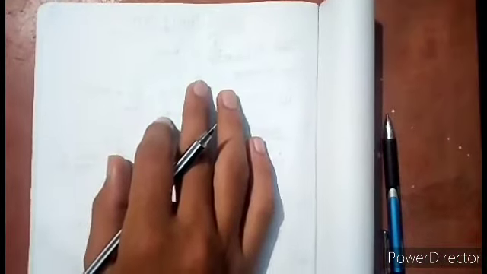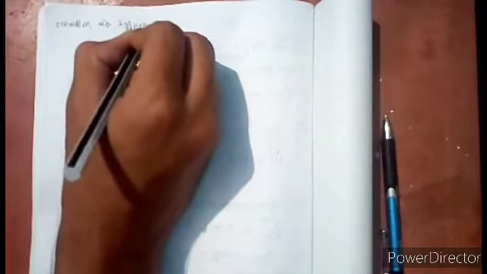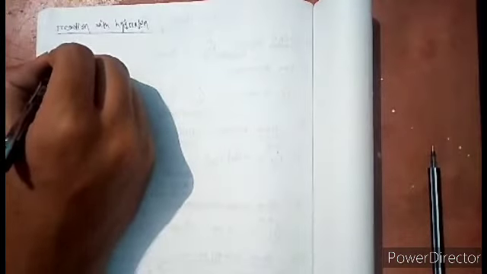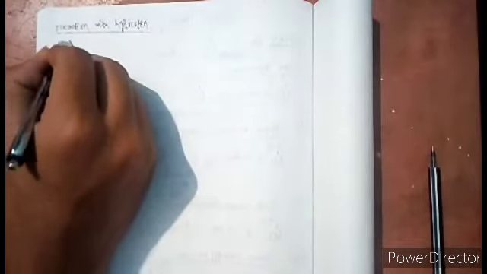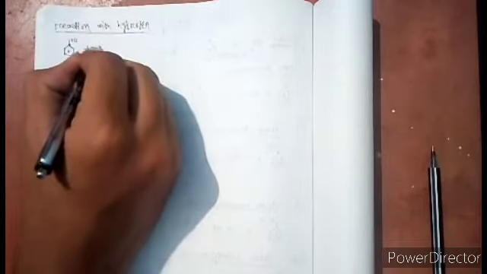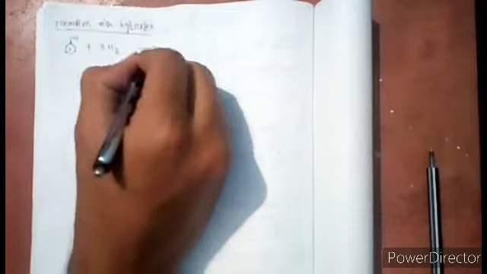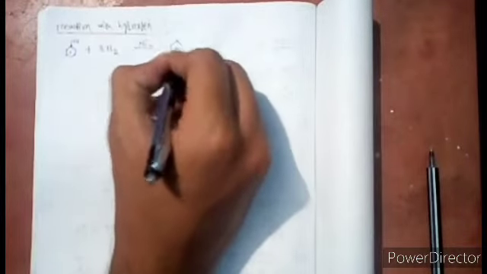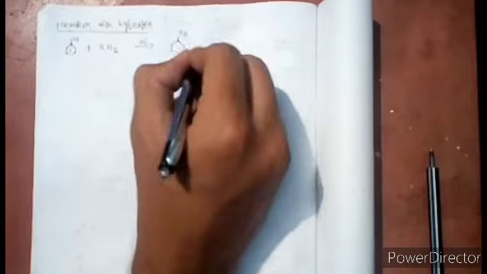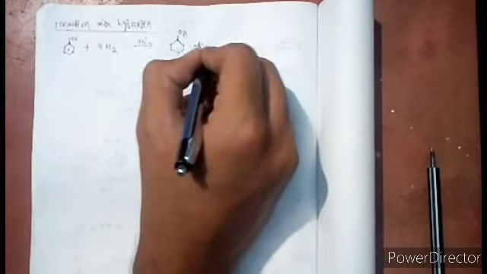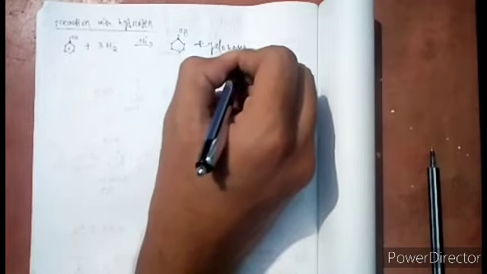Then the reaction with hydrogen. When phenol reacts with hydrogen in the presence of nickel, it results in cyclohexanol.